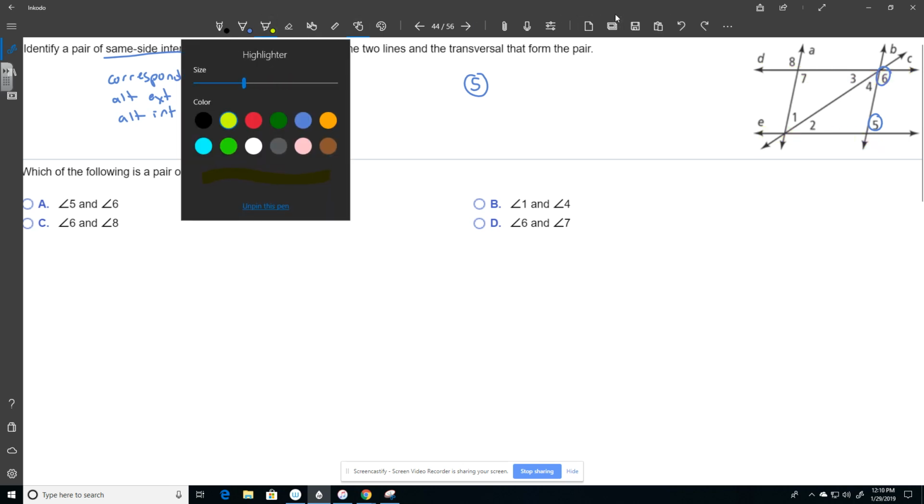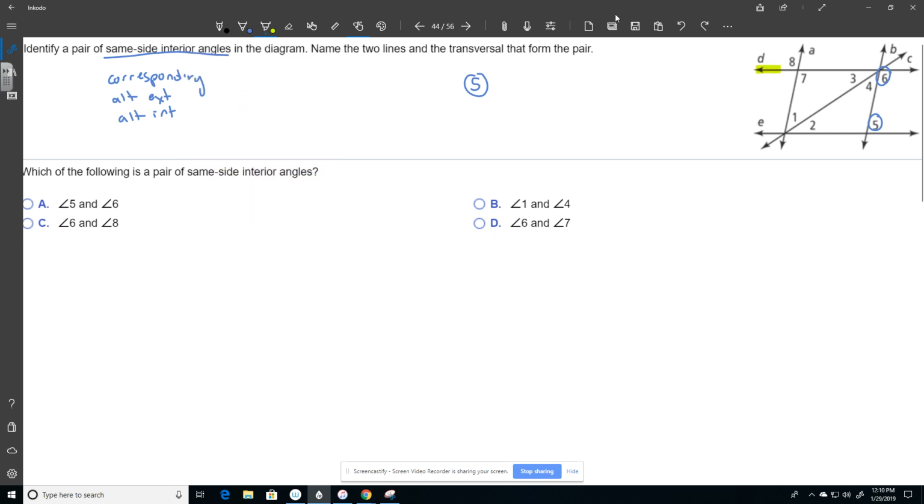Let's make this a little bit smaller. So those are made up because D and B make up angle 6, and then E and B make up angle 5. So they're both inside, which satisfies the interior part, and they're on the same side of B, which satisfies the same part. So I'm thinking that 5 and 6 is the right answer.